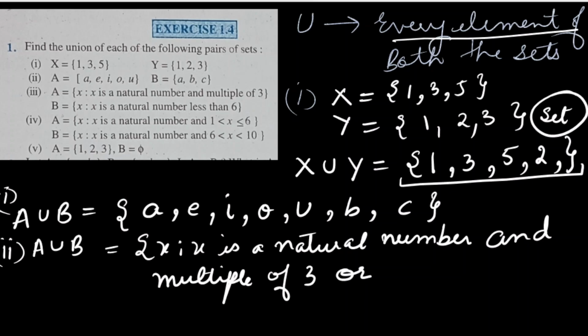Which all are natural numbers less than 6? I'll just write here 1, 2, 3, 4 and 5. But I don't have to repeat the element. So I can write 1, 2, no need of 3, because 3 I have already covered in set A. 3 is a natural number and a multiple of 3, so no need of writing it again. And 4 and 5 we can write.